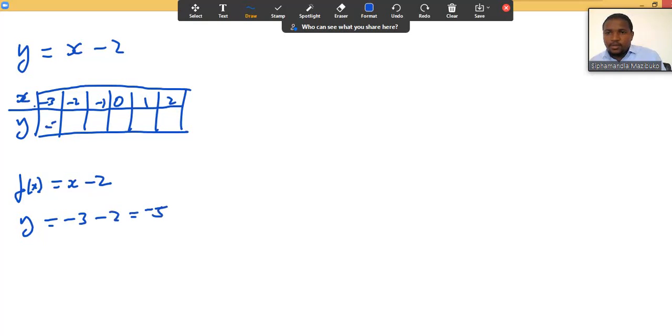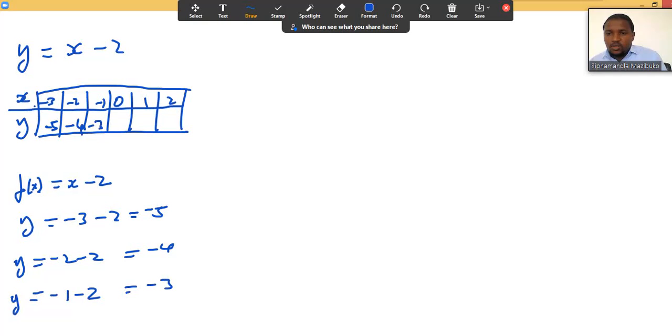So this becomes minus 5. And then if x is equal to minus 2, it's y equal to minus 2 minus 2 is equal to minus 4. So this will be minus 4. If x is equal to minus 1, we have y equal to minus 1 minus 2. This is minus 3.